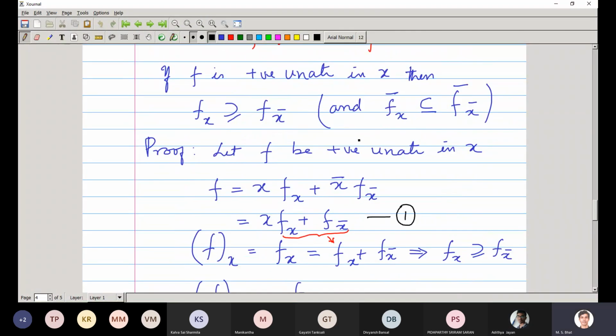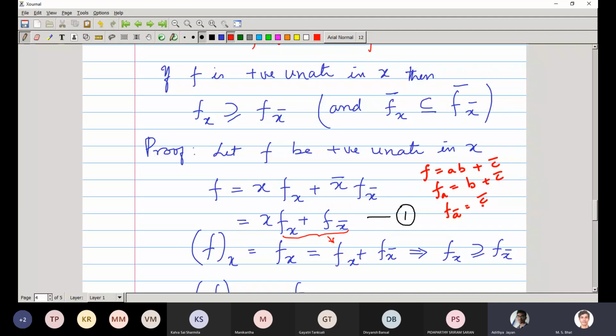Suppose we have F equal to AB plus C bar. Now, what is FA? FA is B plus C bar. What is FA bar? Only C bar.